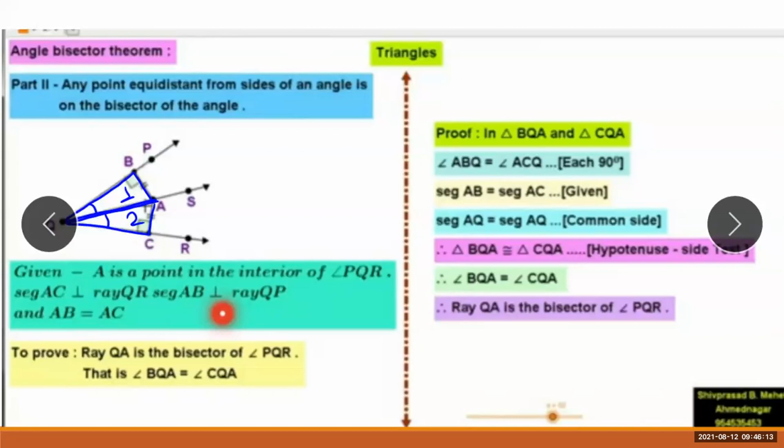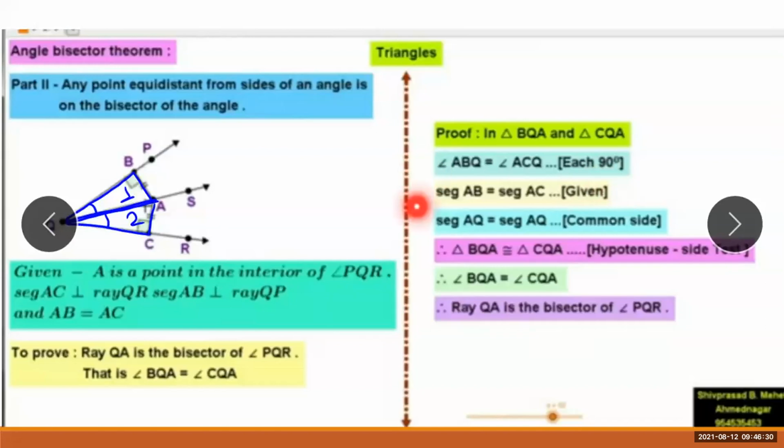Because of the perpendiculars drawn, the angle formed is 90 degrees, and both are perpendicular. So the angle measures here are equal, so both the angles are congruent to each other.